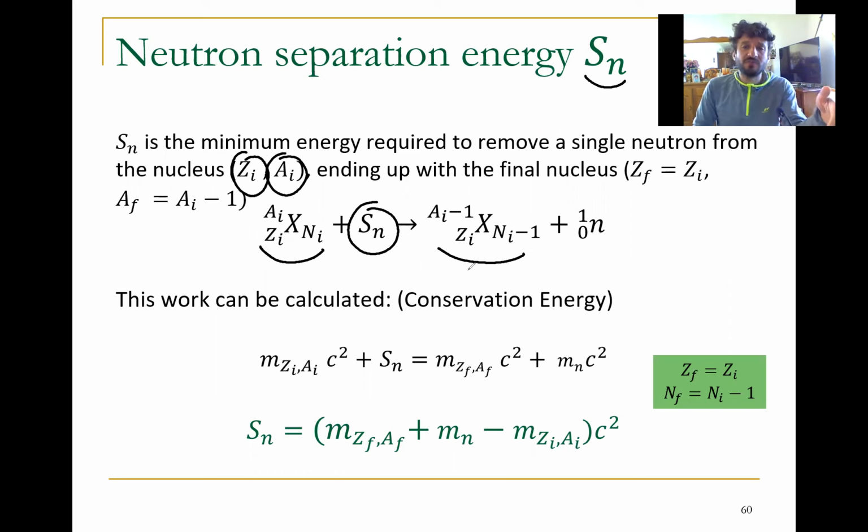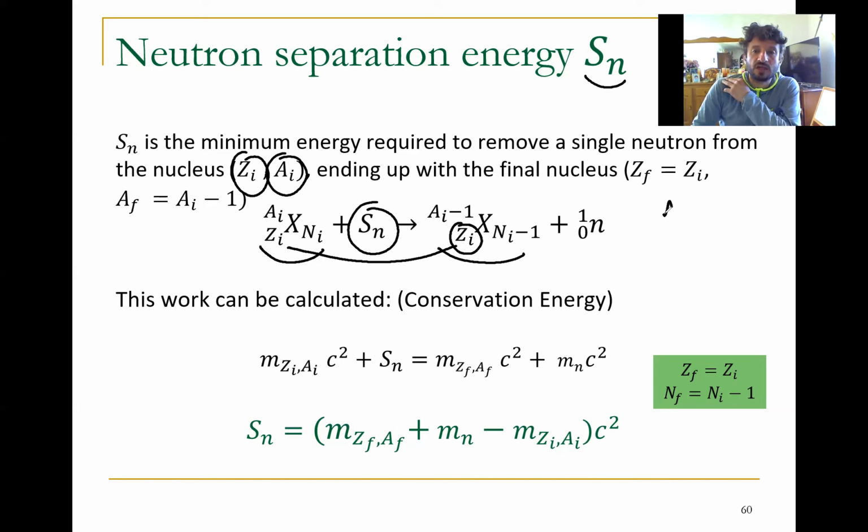The final atom has Zi, the atomic number. We have the number of protons, Zi. It's the same as Z initial, because we don't change the number of protons. I just want to take out one neutron. Only the number of neutrons will be changed.